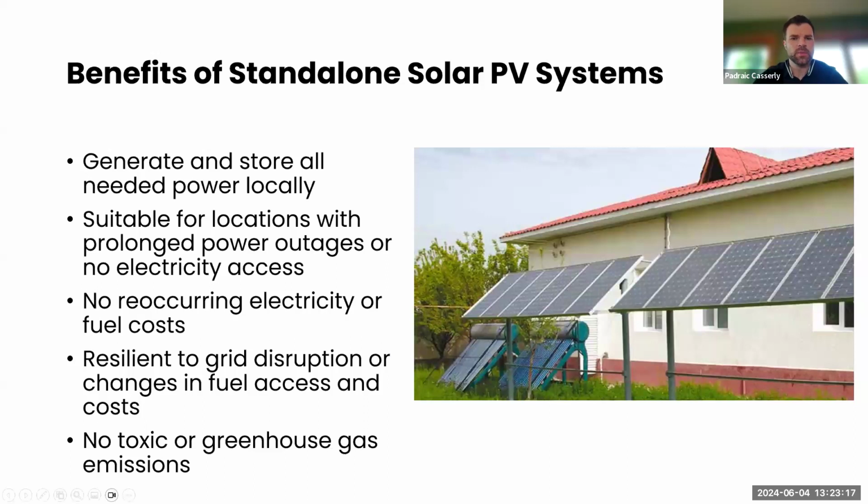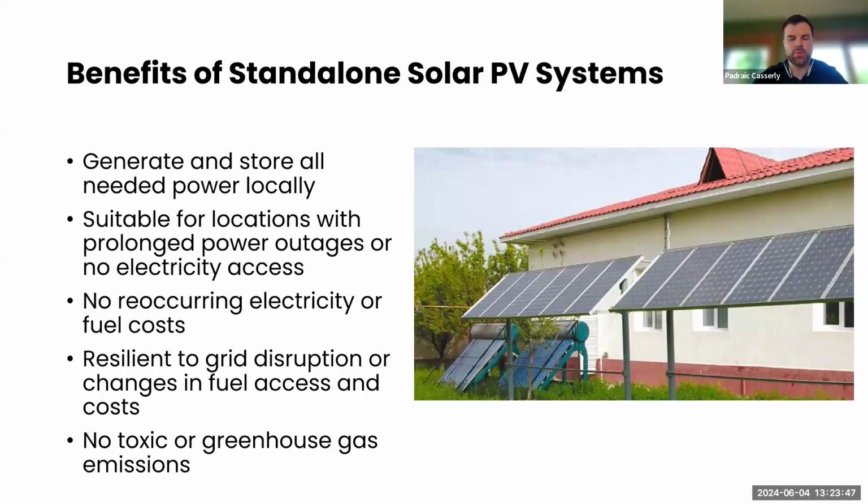Furthermore, solar PV systems are suitable especially in locations where there is no electricity access. So rural health facilities are particularly suitable for solar PV systems. And a benefit of this type of system is that there are no recurring electricity or fuel costs. I believe that the cost of fuel has risen 5-fold over the last 3 years in the country of Nigeria, where I most recently worked.